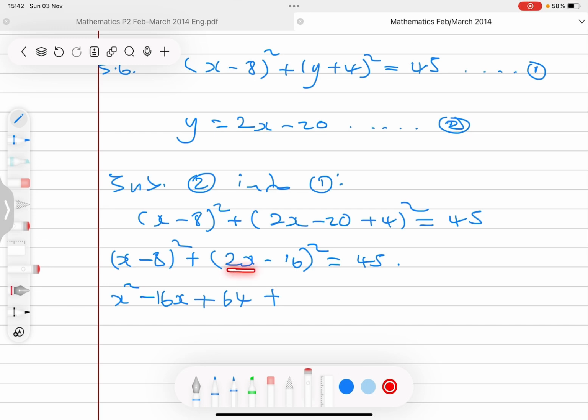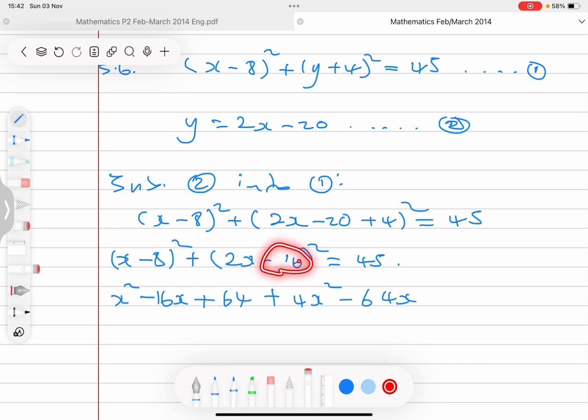Then we do the same routine here. We square this one here. I can see that I'm going to have a 4x squared. We take the 2, we say 2 times 2x, that is 4x, times negative 16 again. This should give me 4 times negative 16, that's 64 again, so I get a negative 64x.